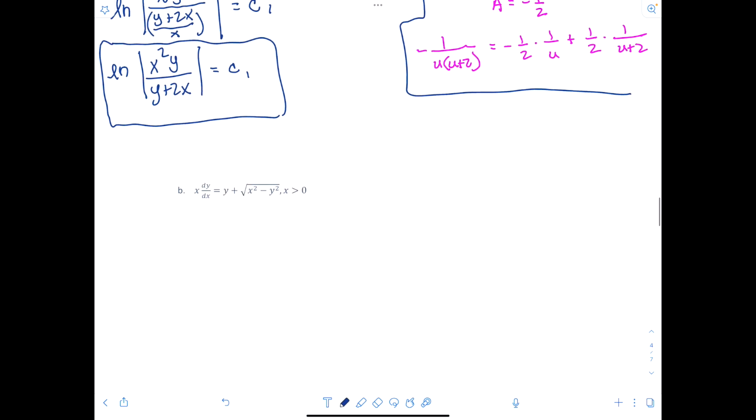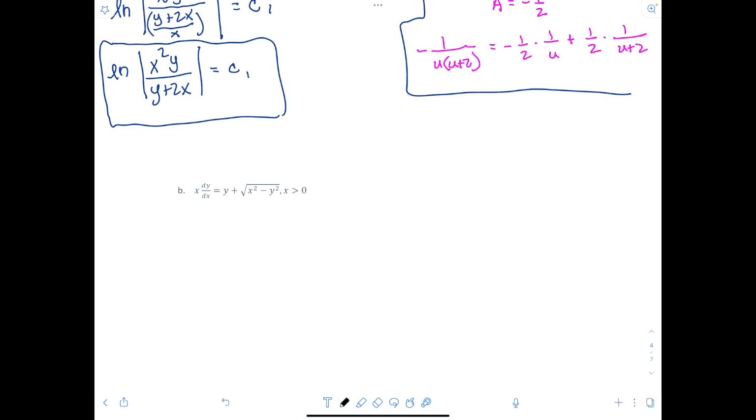We'll do one more example here. And this one will need a little work to get this in the format we need, because we don't have our M and we don't have our N. So let's work on that first.